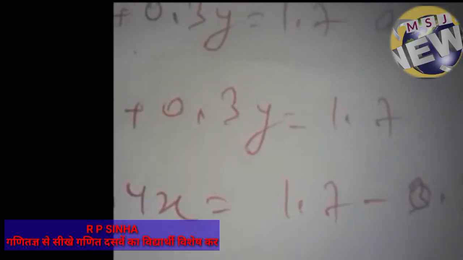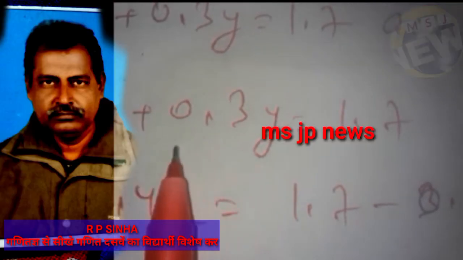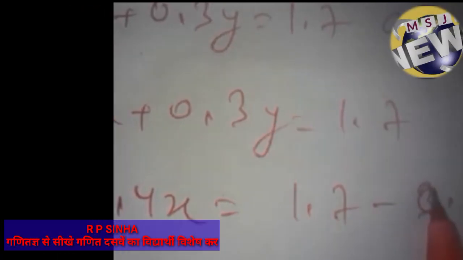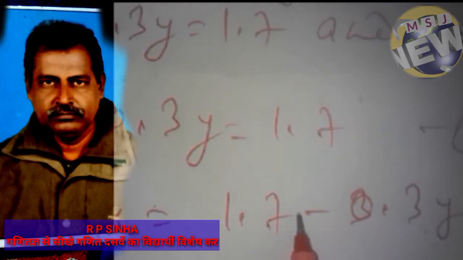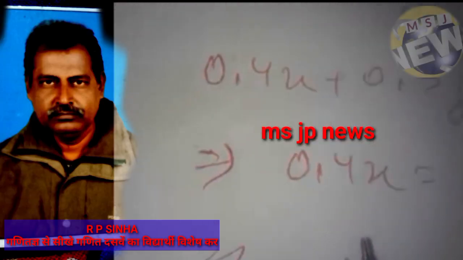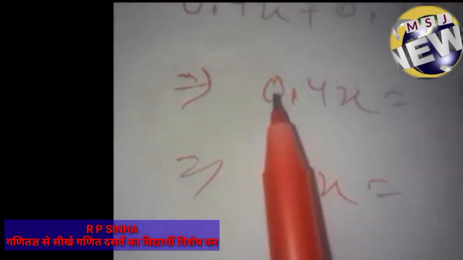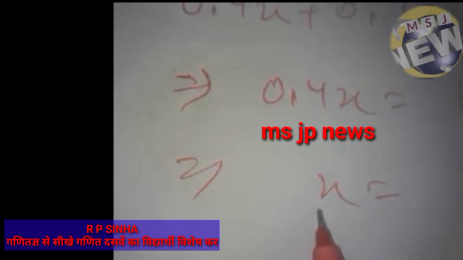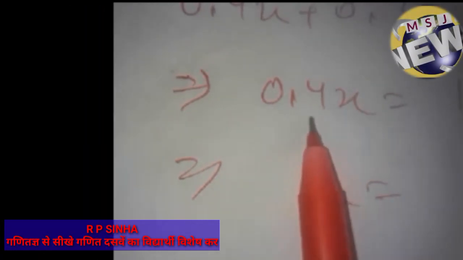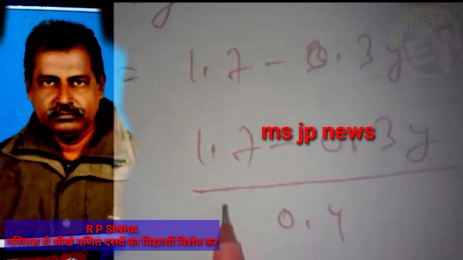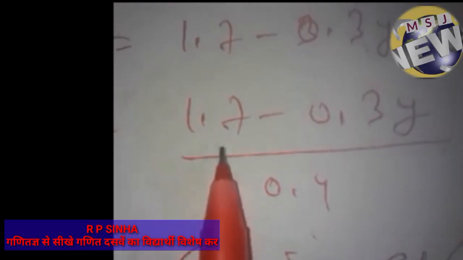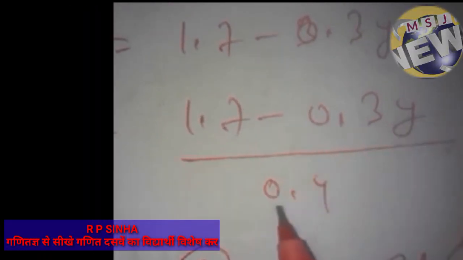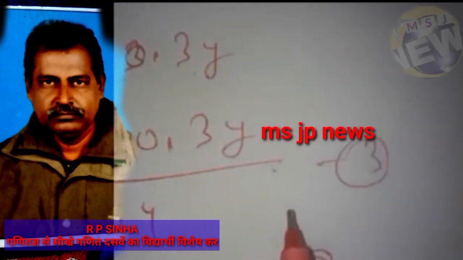Now, to find the value of x only, we take this 0.4 to the RHS. So it will be expressed as x equals 1.7 minus 0.3y by 0.4. It is equation number 3.